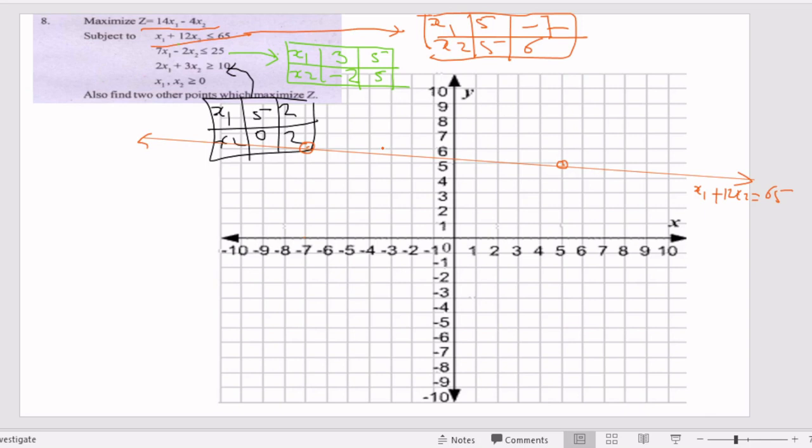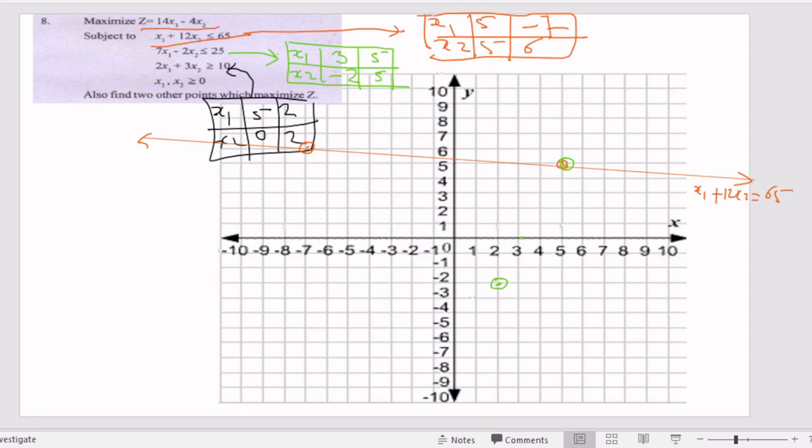Let's see the second line, which is the table given in green. When x1 is 3, x2 is -2, somewhere at this point. And when x1 is 5 and x2 is also 5, it is the same point, this one.